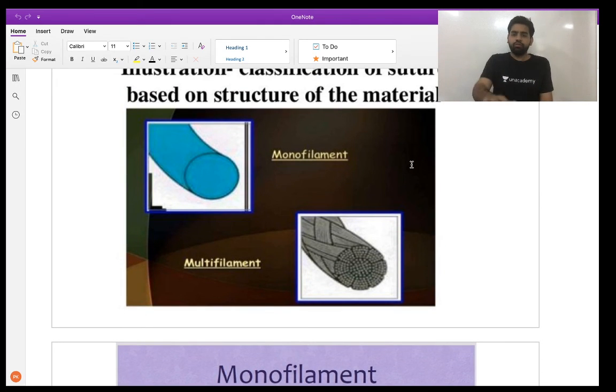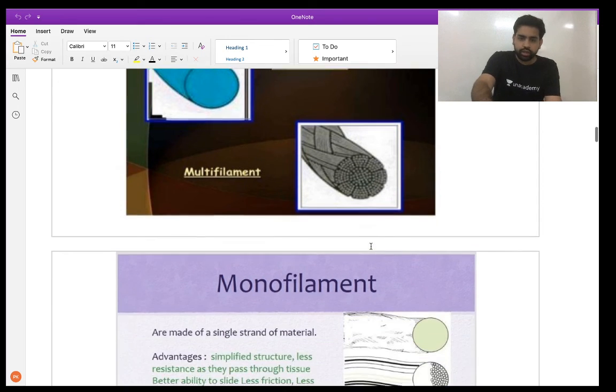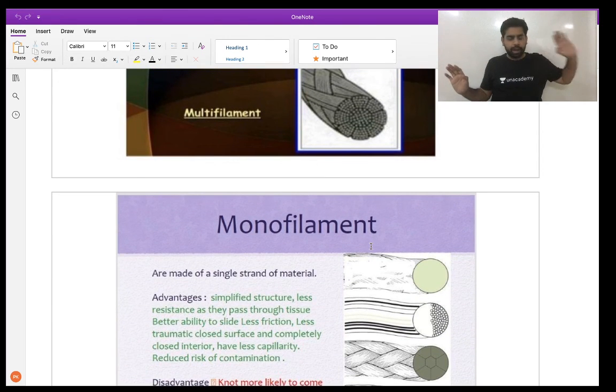What you are seeing in this figure is a braided suture. This is deeper than what you might need, but just understand that a multifilament suture can be twisted or braided. Now, we talked about absorbable or non-absorbable sutures, and monofilament or multifilament sutures.